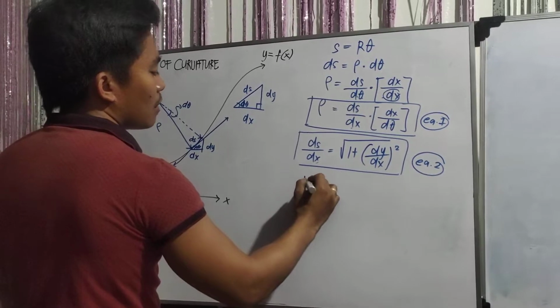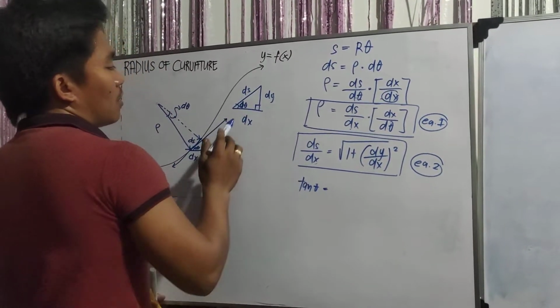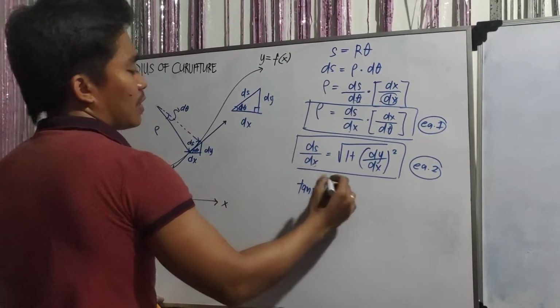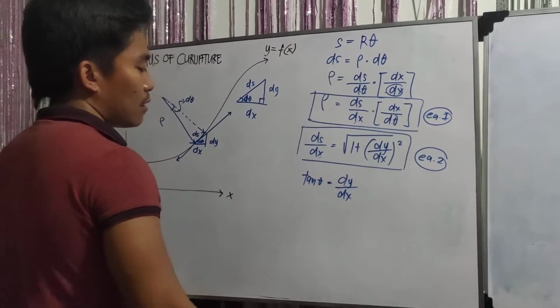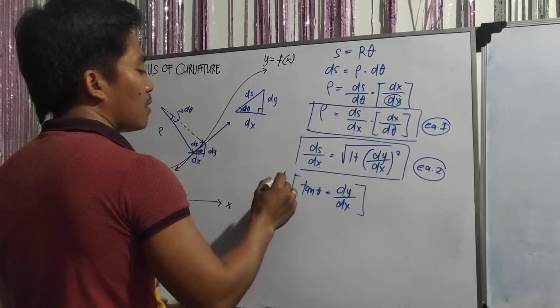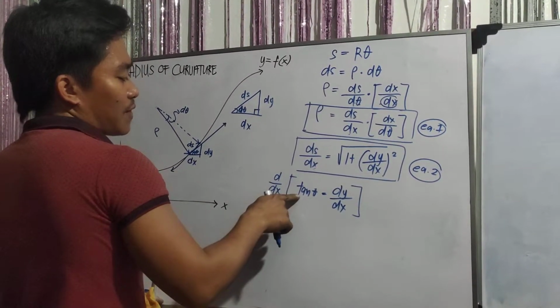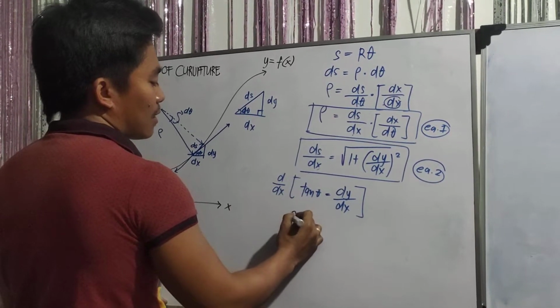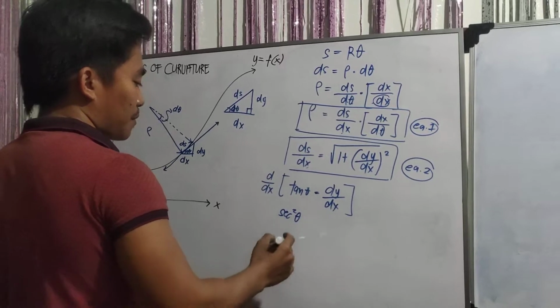Now, tangent theta is just equal to the slope. That is rise over run, which is dy over dx. Now, what if we take the first derivative of this equation with respect to x? What will happen? The derivative of tangent theta with respect to x is just secant squared theta.